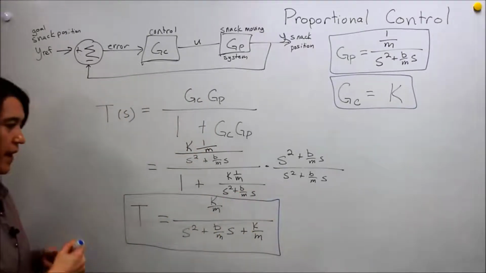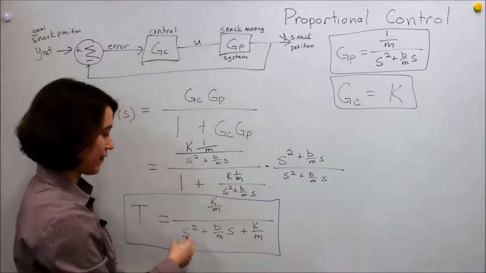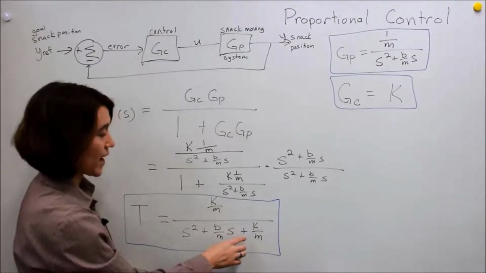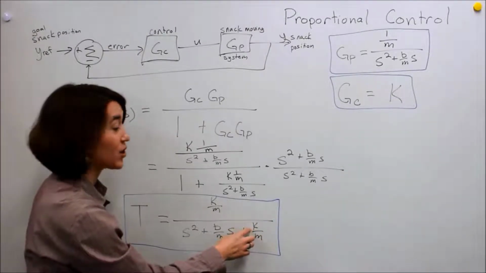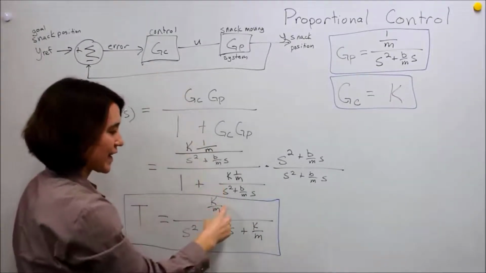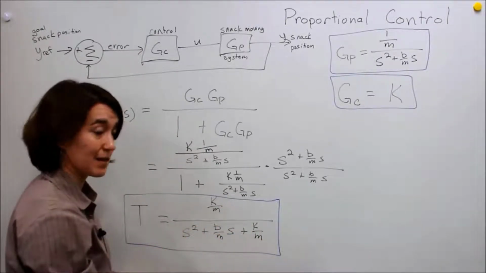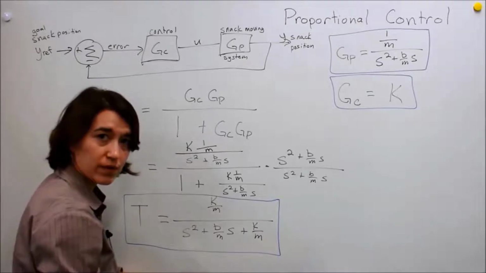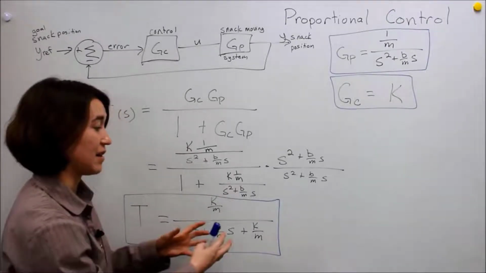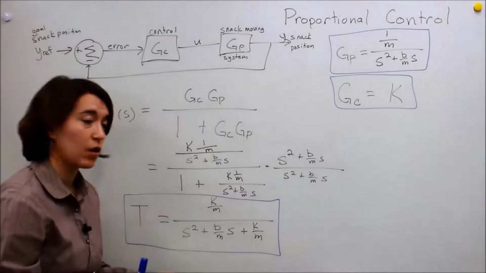Here you'll notice that in the denominator, we don't necessarily have a fixed a0. So we actually can control the value of K. We can choose that because we're the designer, and we can actually affect how the system will react. This happens to be a second order system, so we could use some of our other analysis and try to change the natural frequency and see if we can get a certain damping coefficient.